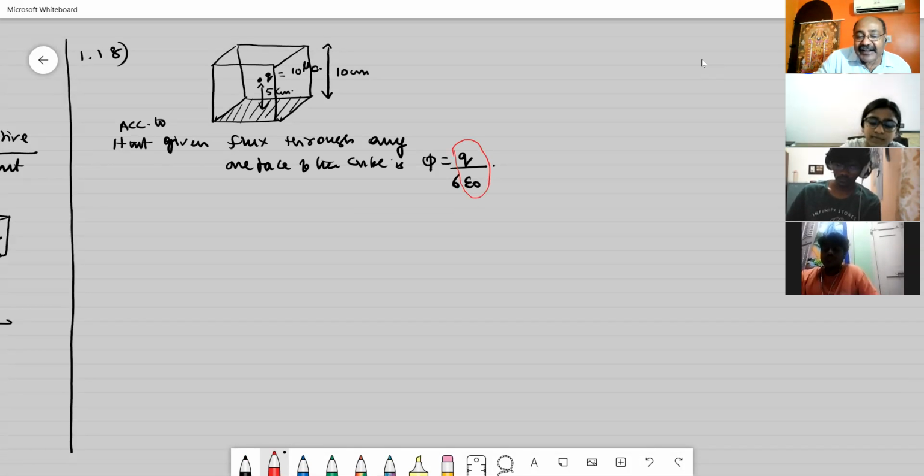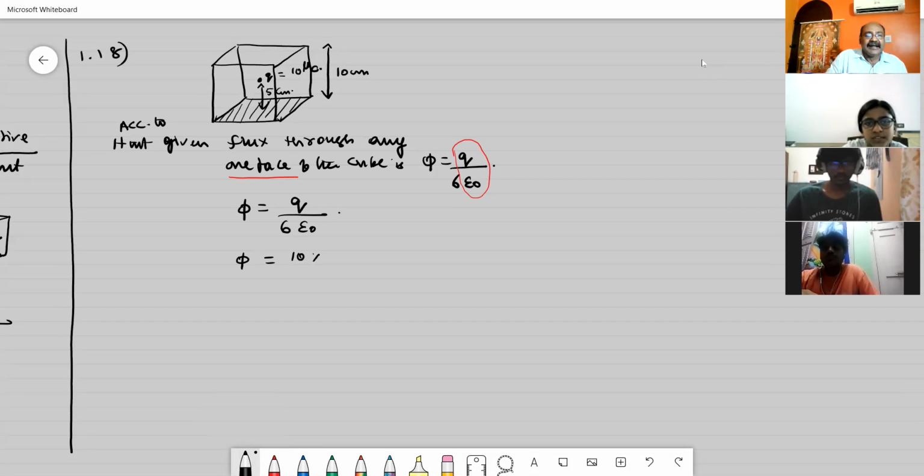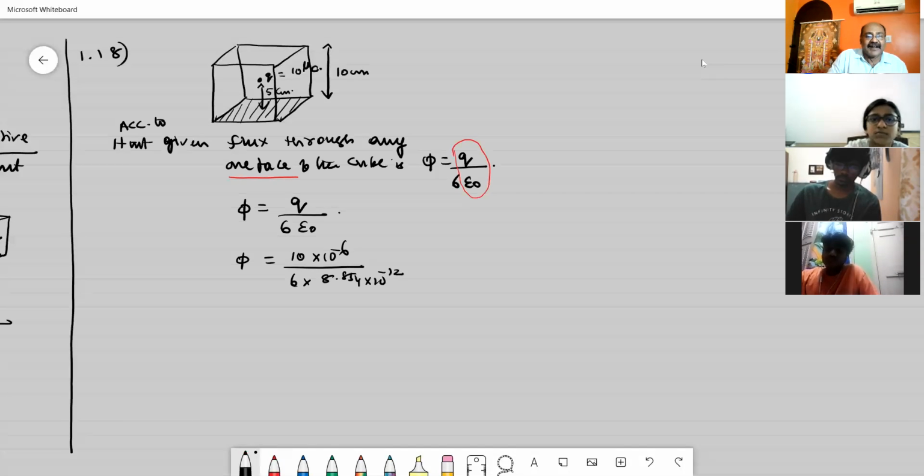Since the cube has 6 faces, through one face phi is equal to q by 6 epsilon 0. Use this formula. So flux phi is equal to, q is 10 microcoulomb, 10 into 10 to the power of minus 6 divided by 6 into 8.854 into 10 to the power of minus 12.